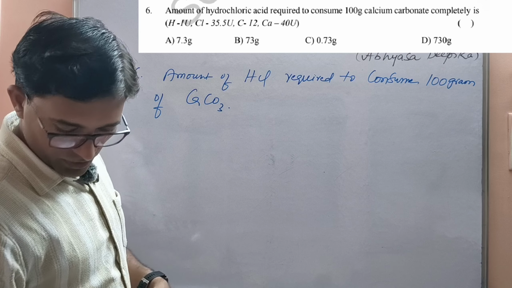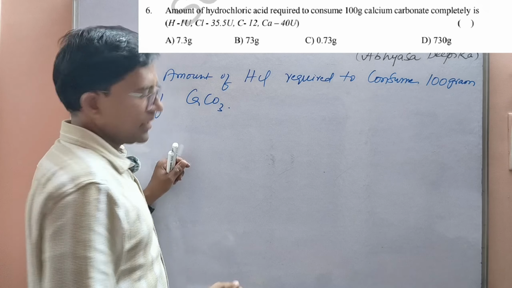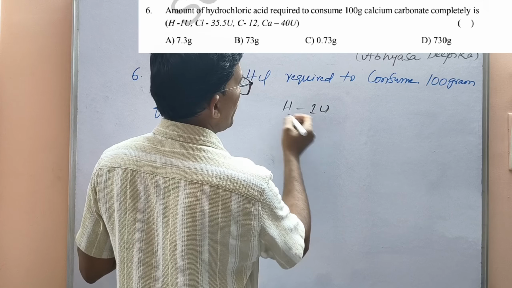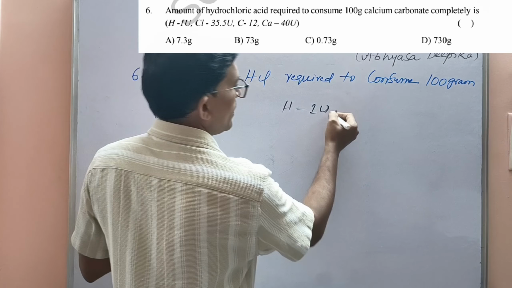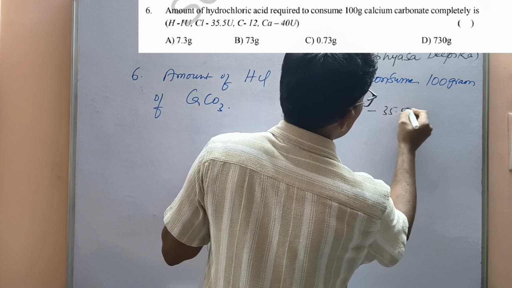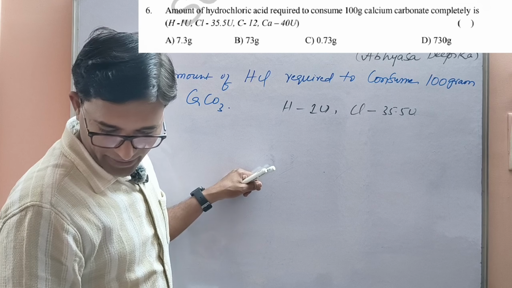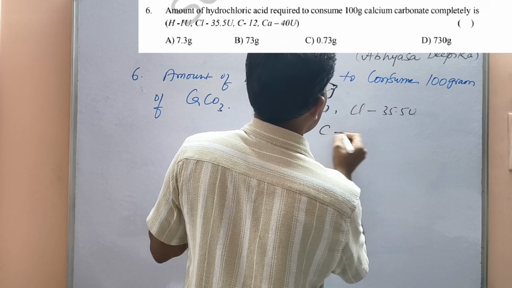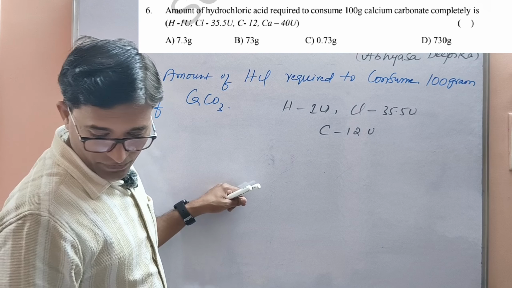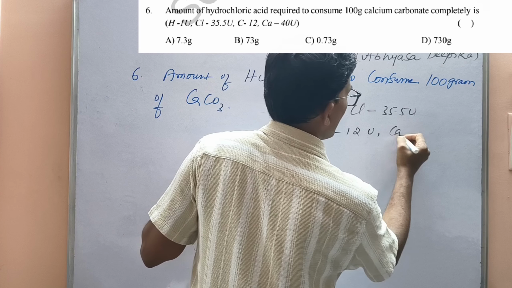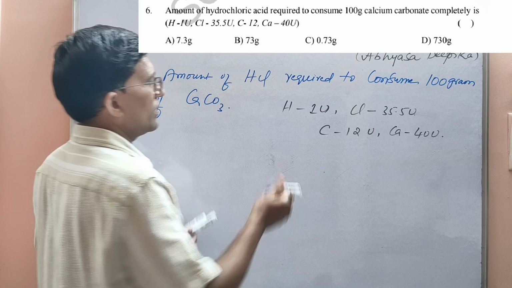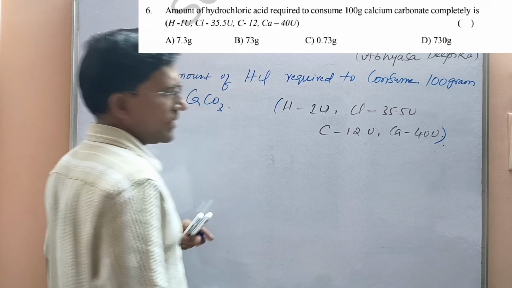carbonate. And in the bit part, he clearly mentioned the atomic masses. Hydrogen, 1 U, where U means unified mass. And chlorine is 35.5 U. Carbon is 12 U. And one more, calcium, 40 U. So this is the information given, and I will write the options there.